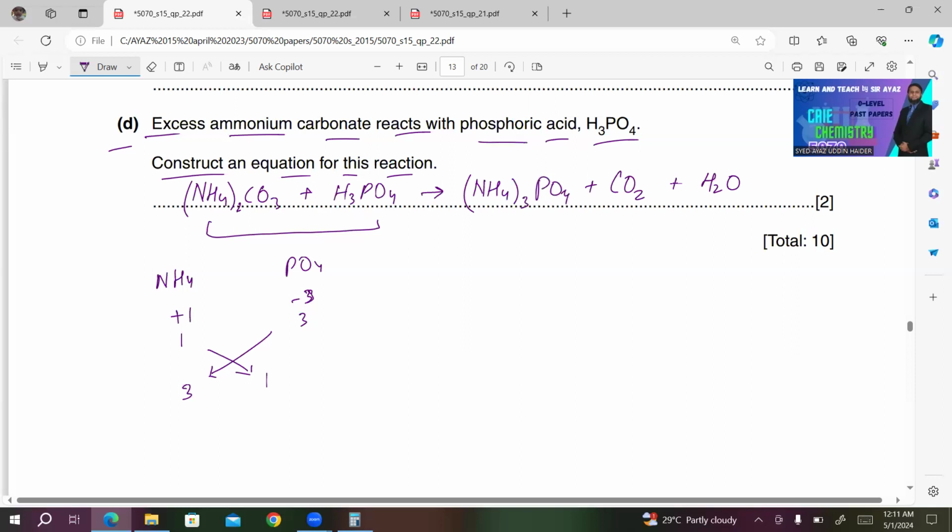Let's balance the equation. If I write 3 before ammonium carbonate, then this becomes 2 (NH4)3PO4. CO2 becomes 3 because there are 3 moles of ammonium carbonate.